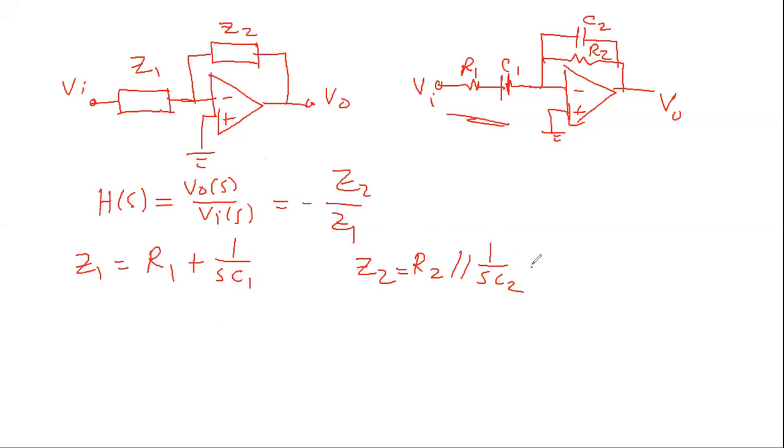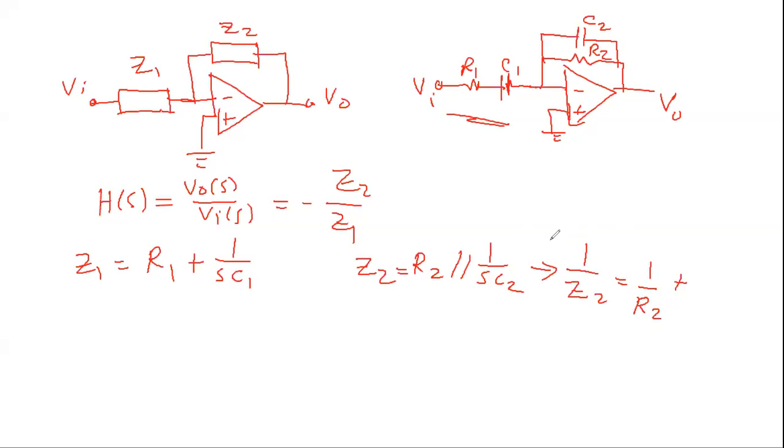We can write this in a different way. Instead of multiplying and dividing, we can write 1 over Z2 equals 1 over R2 plus SC2, using the reciprocal form.